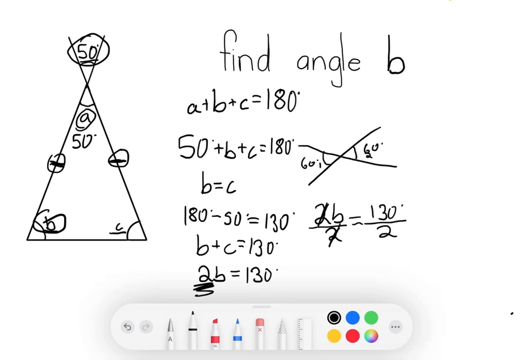To find that, you just divide 130 degrees by 2, which equals 65 degrees. So we know B equals 65 degrees.